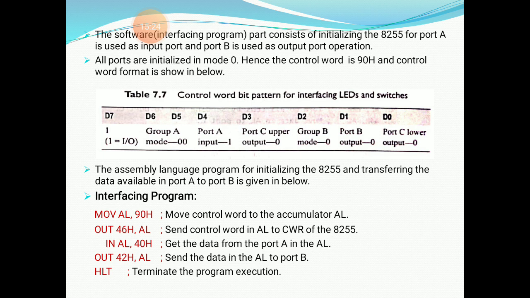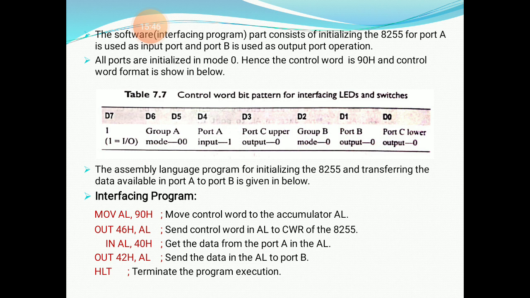Now the processor reads the switch pattern from port A by using the IN instruction, that is IN AL, 40H. This instruction reads the switch pattern from port A and stores it into the accumulator AL.